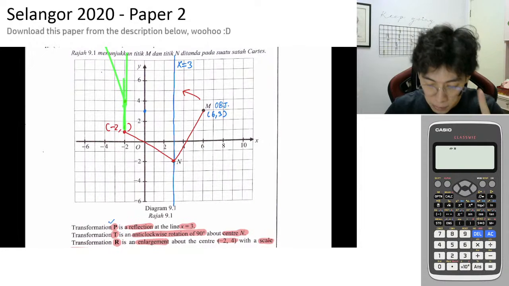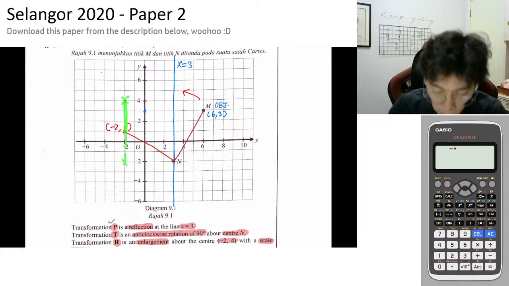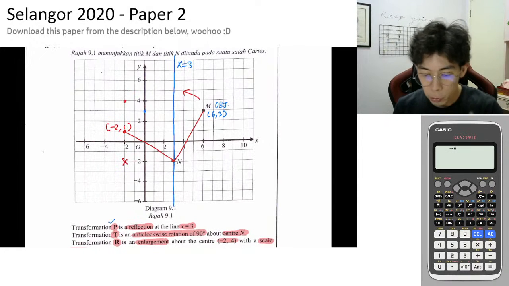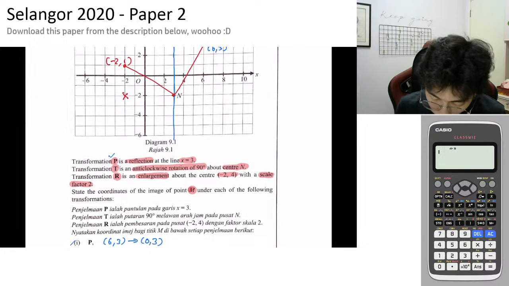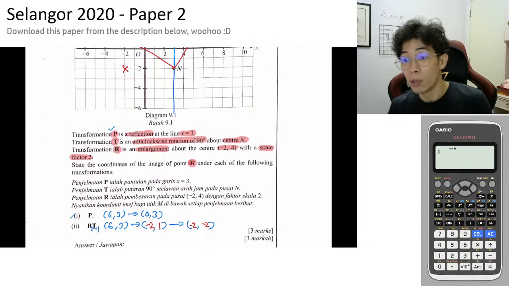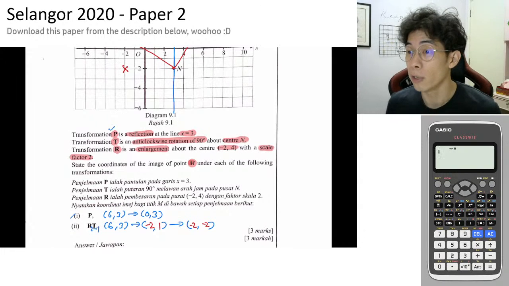See, again, center to the object 3 units, and you're gonna count 2 times. So 1 and 2. So you stop here. Your answer is -2 and -2. Okay, can?